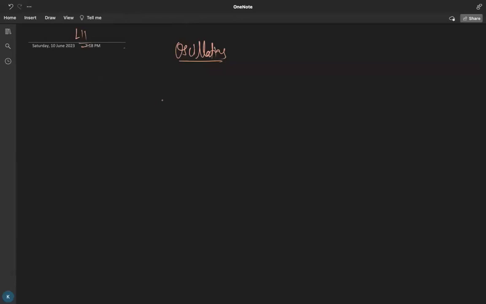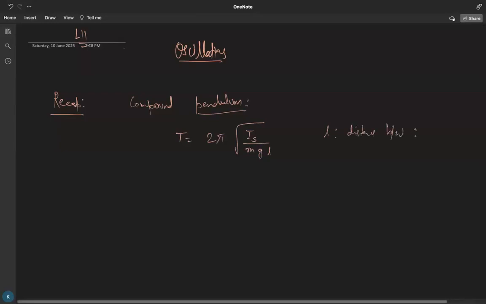So let me quickly recap the things that we covered in the previous class. We learned about the compound pendulum, in which we discussed its time period, and we reached the conclusion that its time period is equal to 2π root under I about the suspension point divided by mgl, where l is the distance between the center of gravity and the suspension point, right?